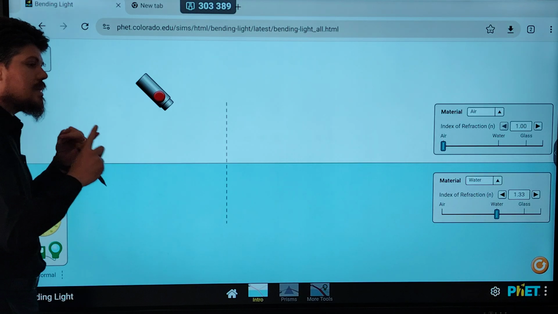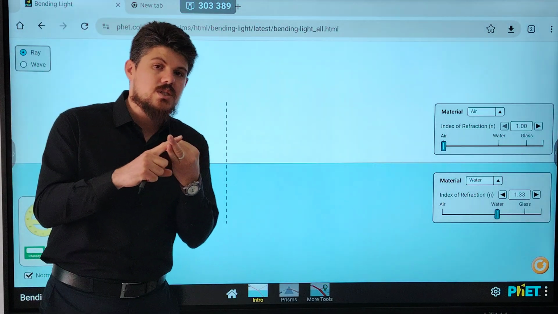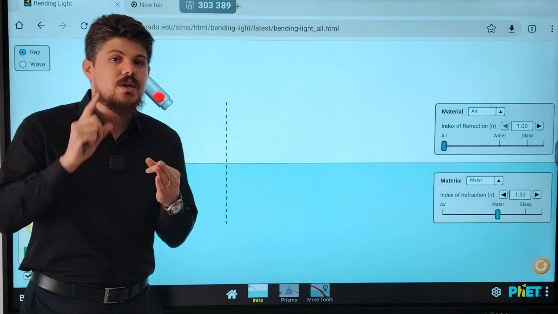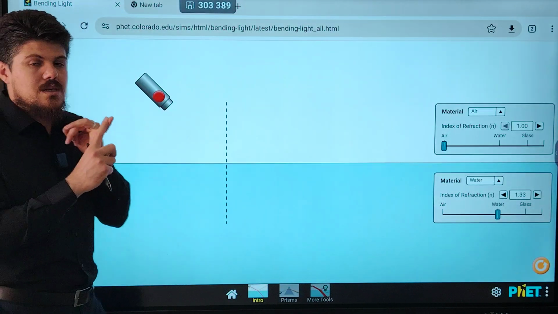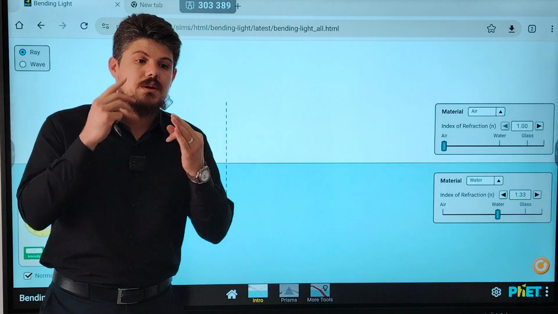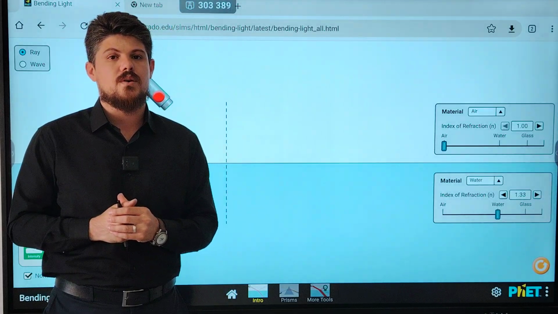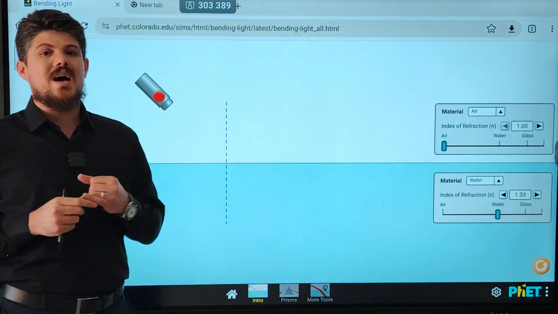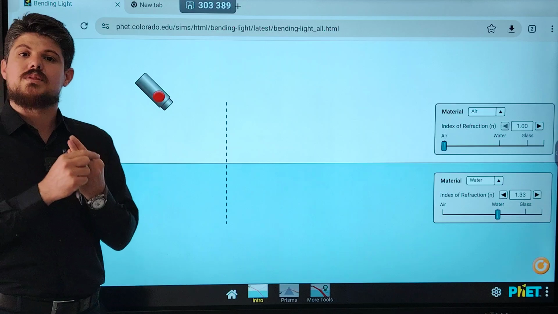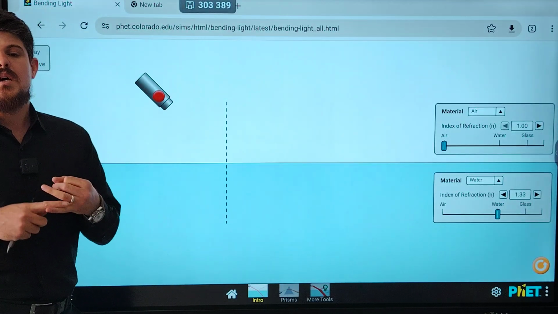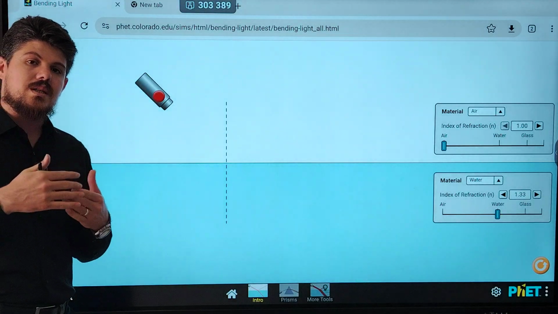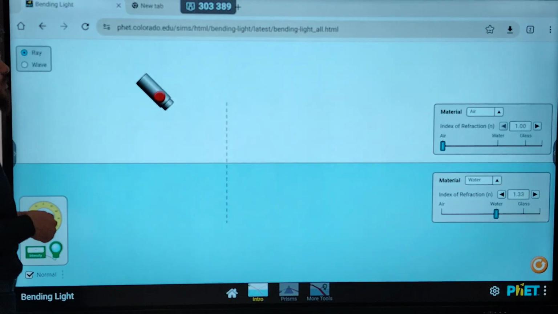Water has more density, more index of refraction, but less speed, while air has low density, low index of refraction, but high speed of wave. So the speed of wave is faster in air, then water, then glass. But the density of glass is more than the density of water and more than the density of air.